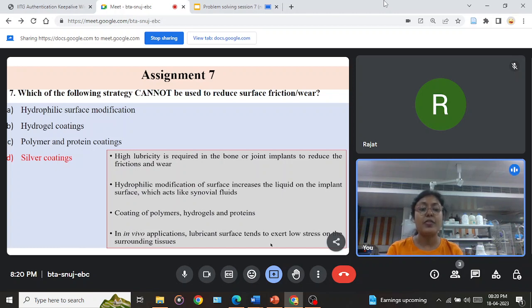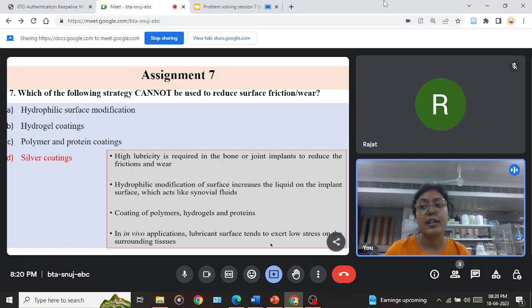So any surface coated with silver or silver nanoparticles will act as antimicrobial, and it won't primarily reduce the surface friction or wear. Right. So the correct option for this question number 7 is option D, that is silver coatings.